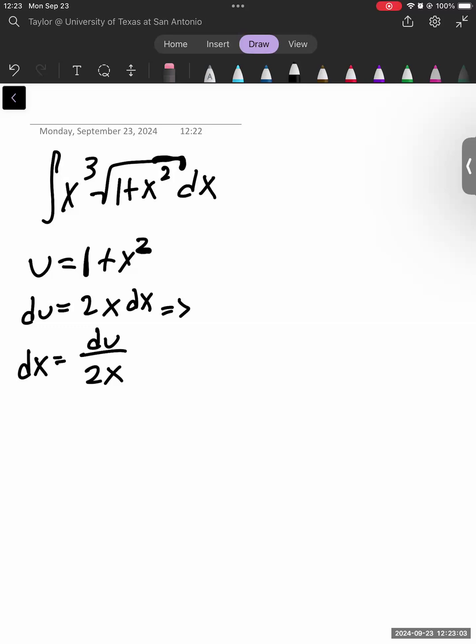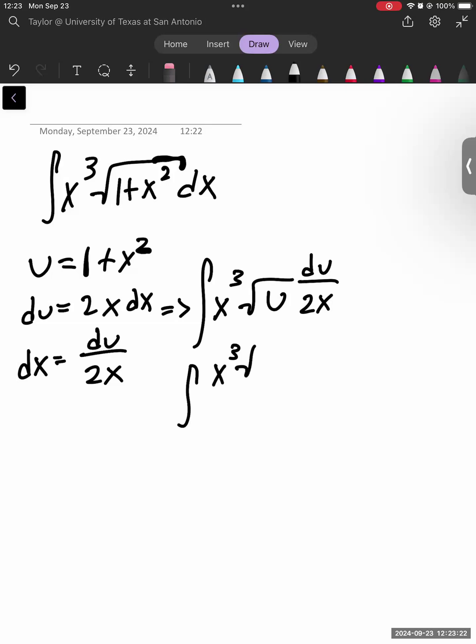Substituting this back into my integral, x cubed square root of u du over 2x.